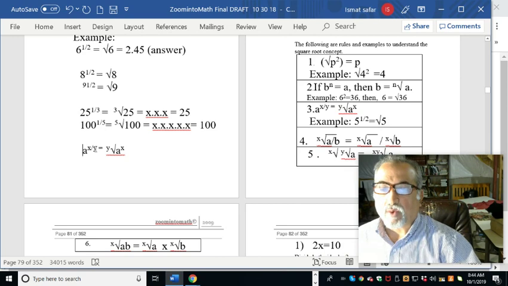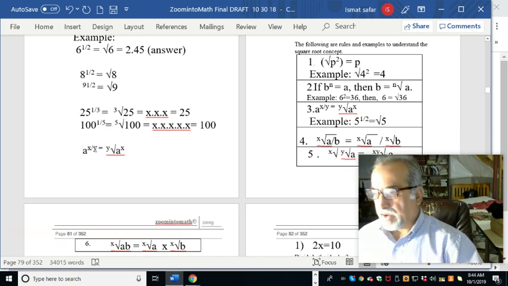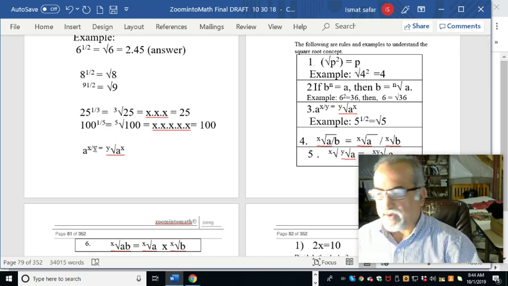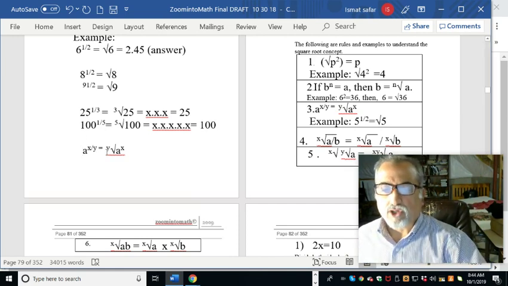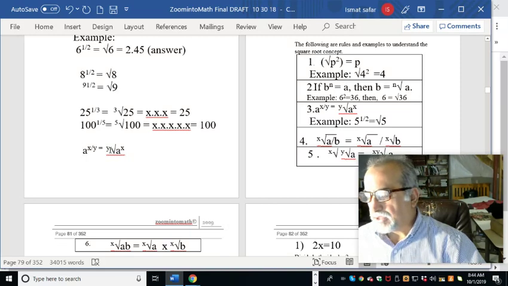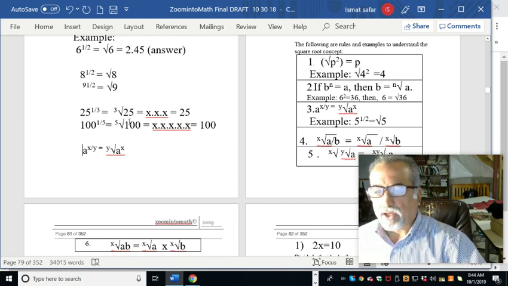And x over y, if the exponent is a number divided by another number, a fraction, in the exponent location, then this y becomes the number on the top left of the square root, and the x is the exponent on the number A. So that's what we're talking about.